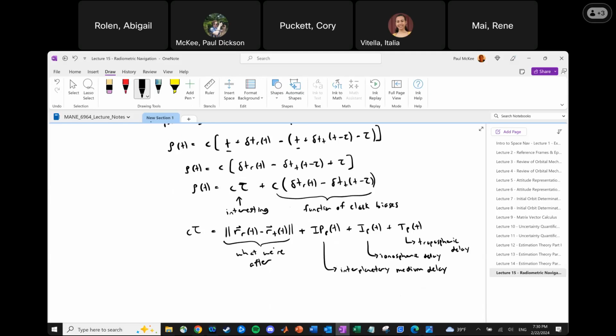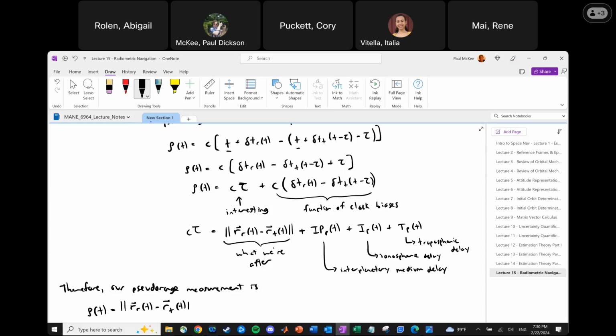So finally, therefore, our pseudo-range measurement is what? Here we go, starting all the way on the left. Rho of t is equal to r of t minus rt of t.